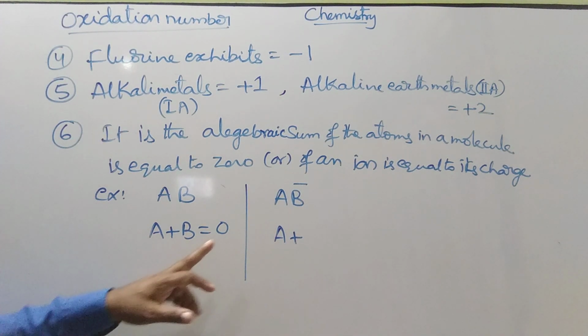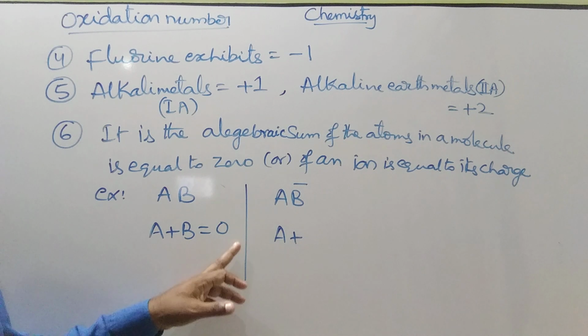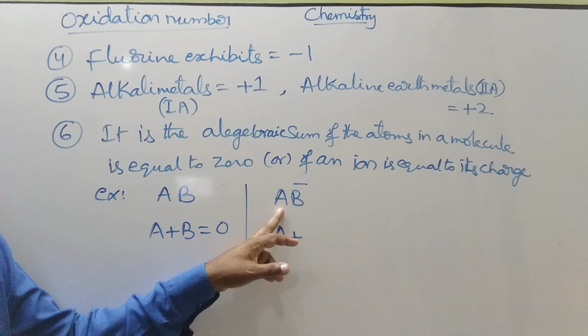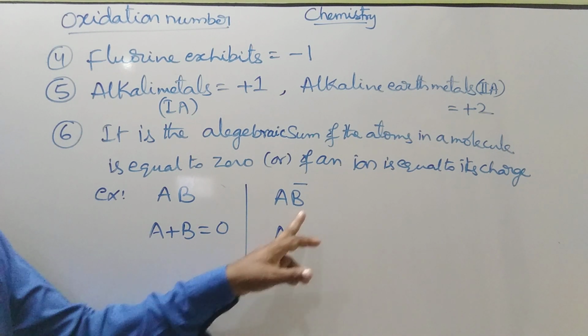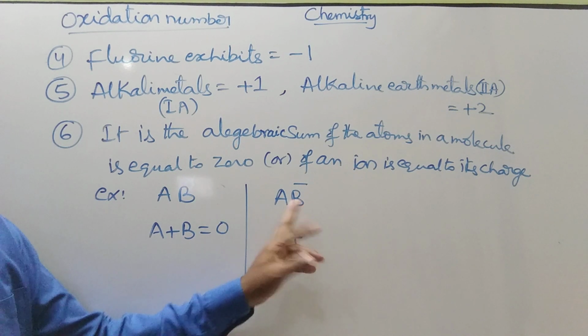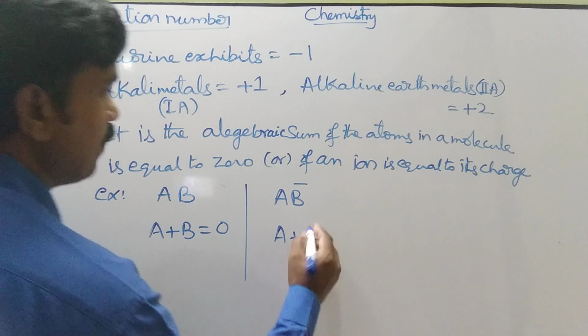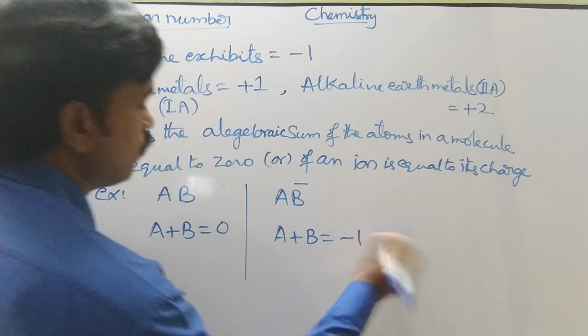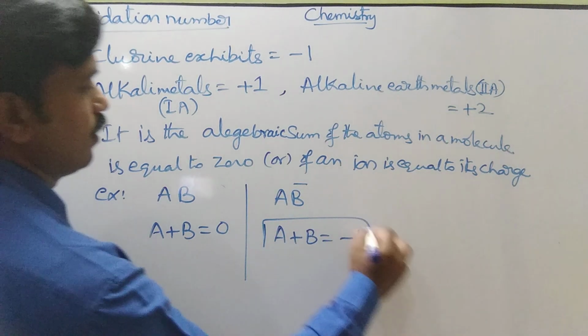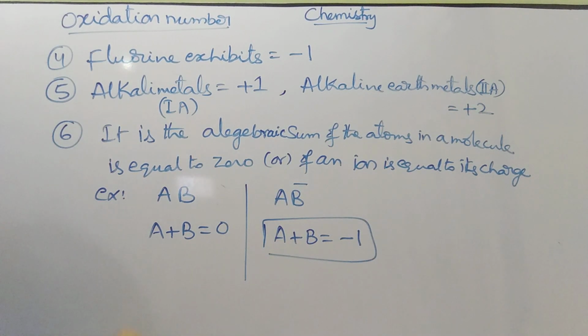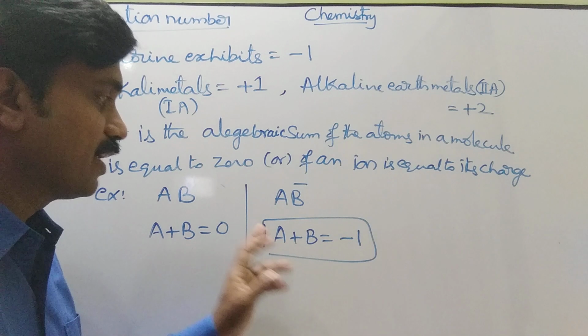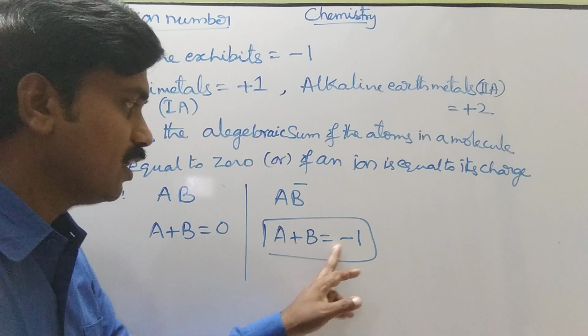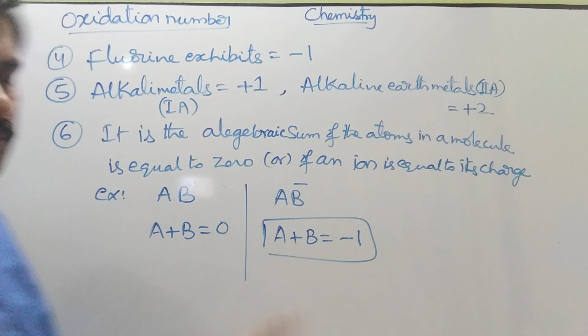We don't know the oxidation state of A, and we don't know that of B. But the sum of A plus B is equal to -1. The algebraic sum of A and B is equal to minus 1.